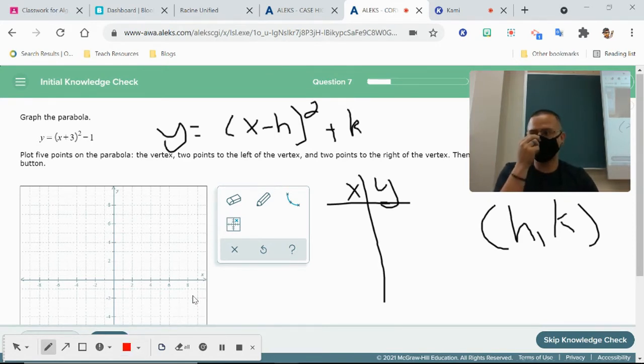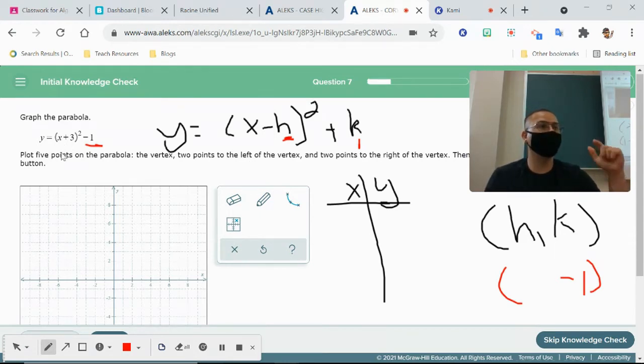What these things all mean is h is your horizontal shift and k is your vertical shift. K is kind of like the y-intercept, except it's not always on the y-intercept. So when I'm looking at these numbers, I see that we have a k of -1, and the h is a -3.